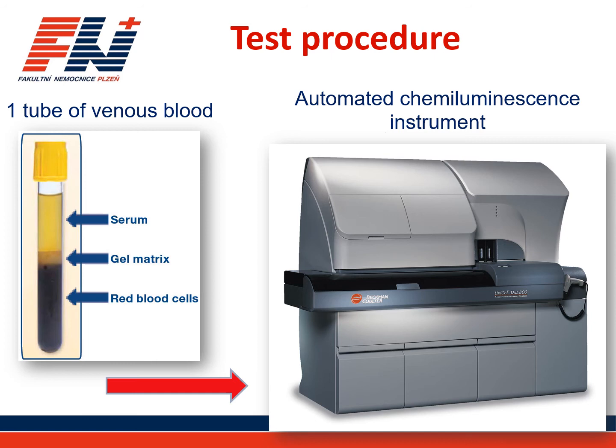The test procedure is very easy. For 3 tests, we need only 1 tube of venous blood. After separation, we use serum, and using an automated chemiluminescent instrument these 3 parameters are measured: total PSA, free PSA, and pro-PSA, and also the percentage of free PSA and phi are automatically calculated.